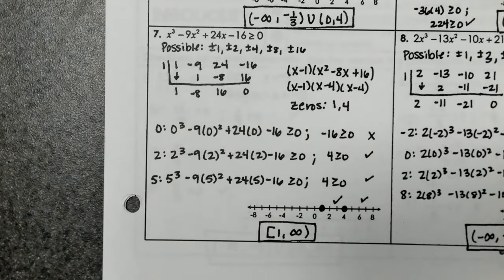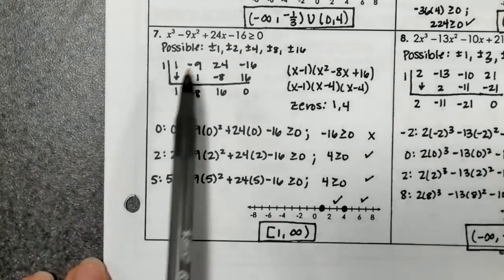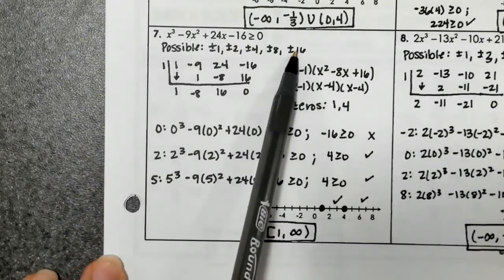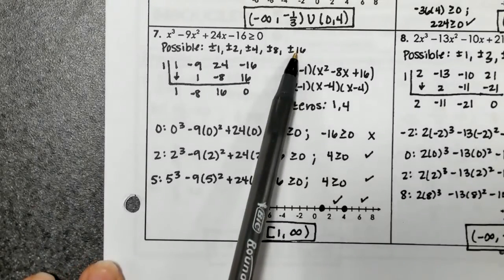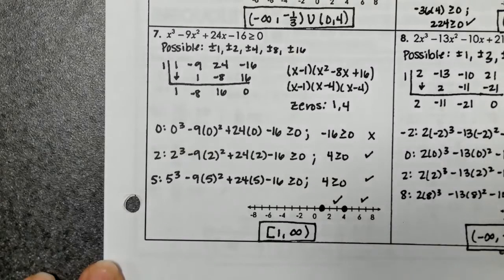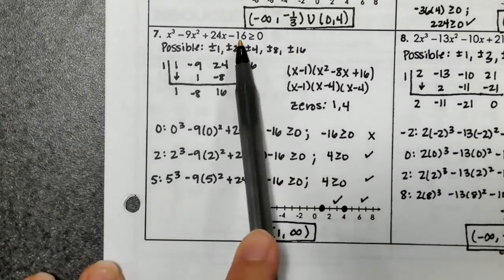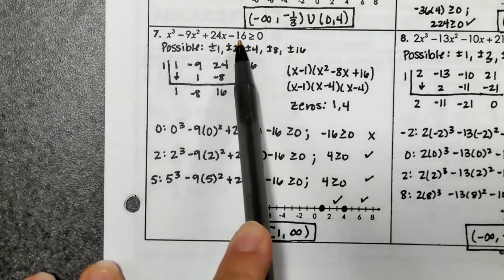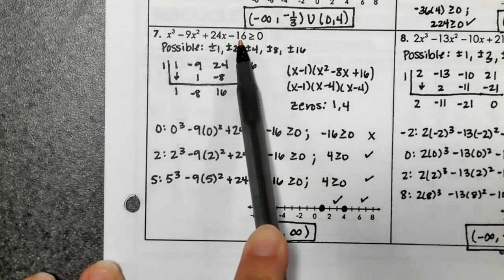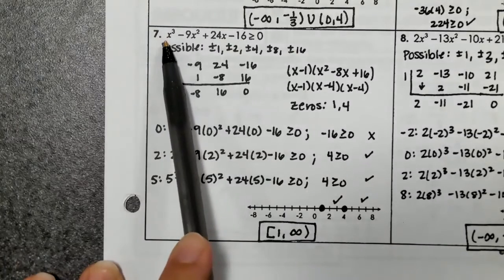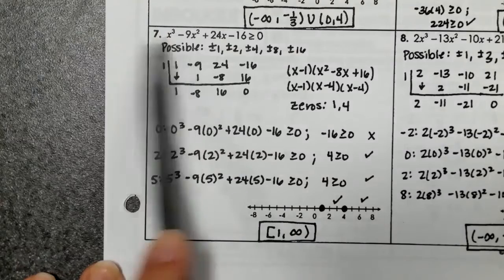Look at 7. You can do a few things here. You can look at your possible zeros. Remember how to do that? We take our factors of 16 over our factors of your leading coefficient.